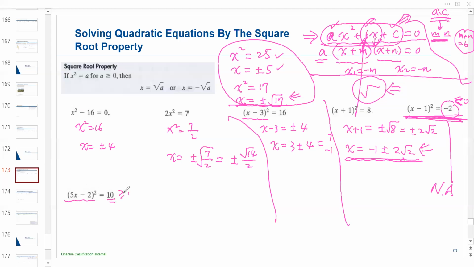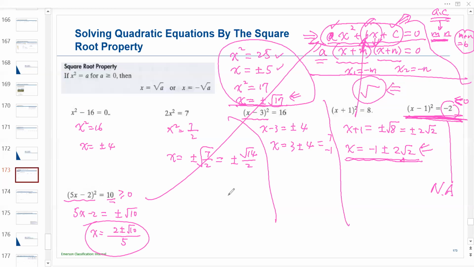So this is greater than or equal to 0, so we can take the square root of both sides. So 5x equals 2 plus minus square root 10. And divide both sides by 5. So you can get this part, right? So we can use the same method for all these kinds of situations, right?